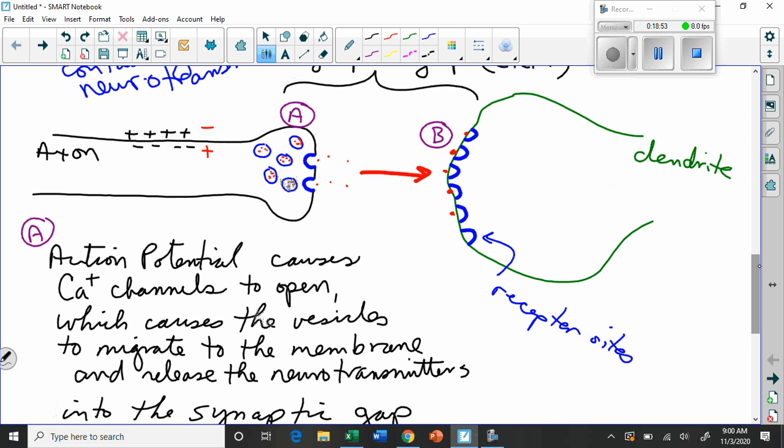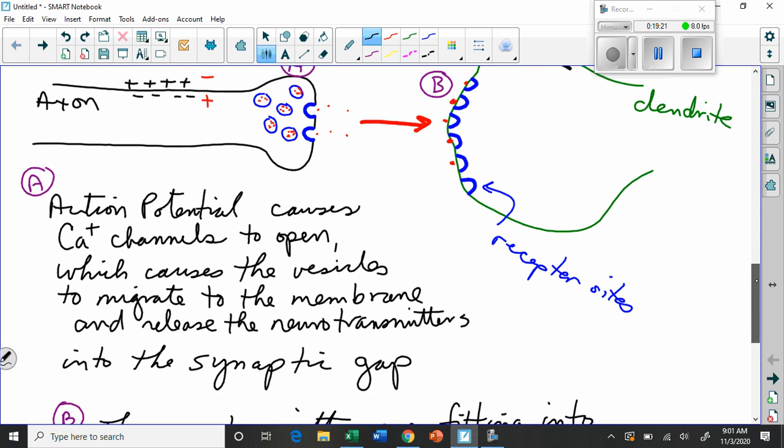Once those land in there, we can write in a new action potential right up here that's now going to travel along in the same way. So it's like a domino effect, but it has this slight extra bit with the neurotransmitters inside. Now, there's more detail to this, of course, but we're just getting the basic idea.